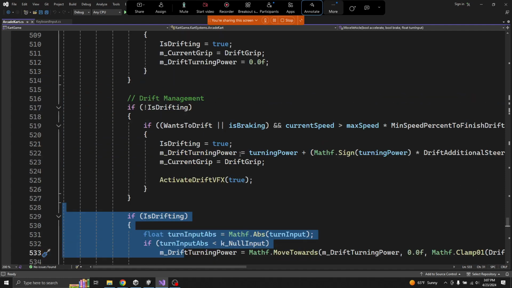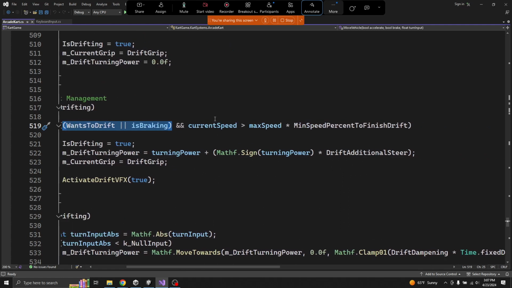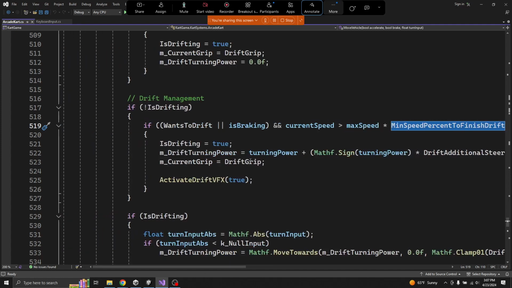So if we're not drifting, and if we want to drift, or we're braking, if either of these are true, if we're braking or wanting to go into a drift, however that's calculated, and the current speed is greater than our max speed times the min speed percent to finish drift, then is drifting is true.